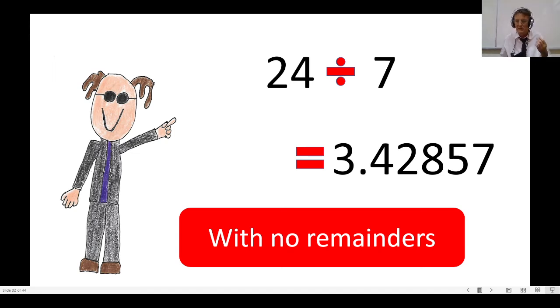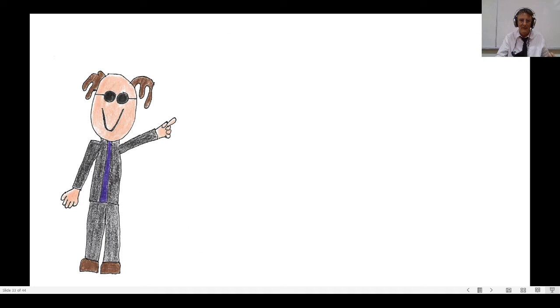So 7 is not a factor of 24 because it does not divide evenly into the number. So you repeat this with all the numbers from 2 to 12.